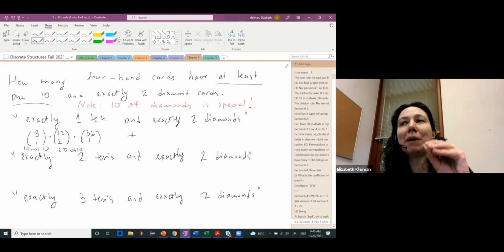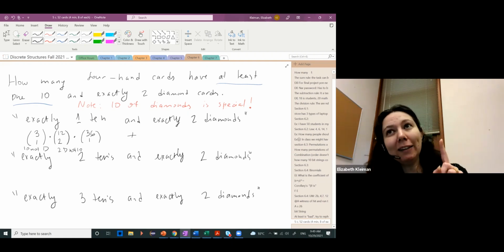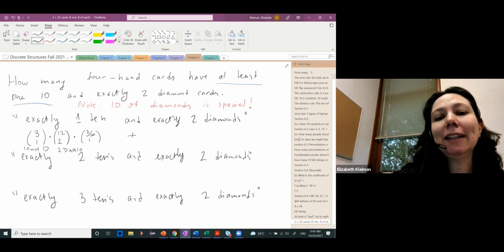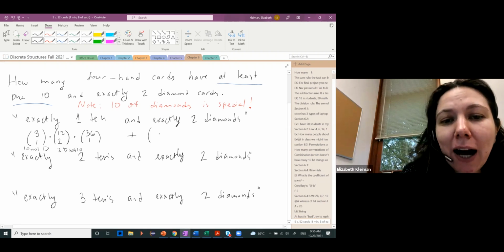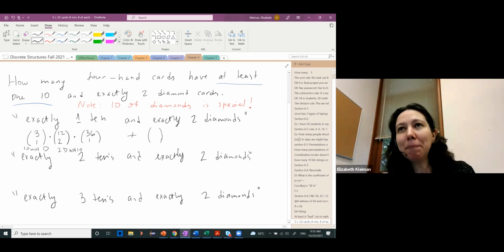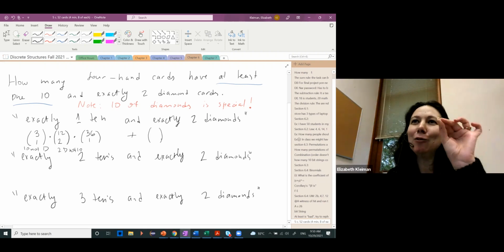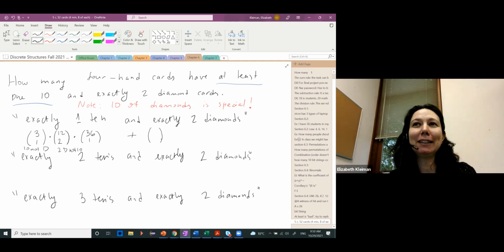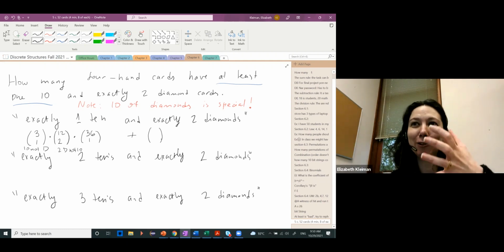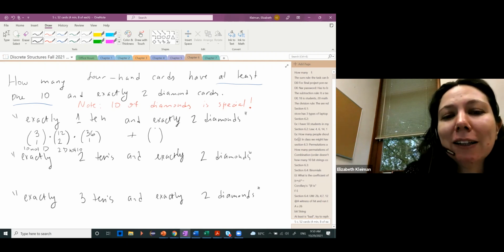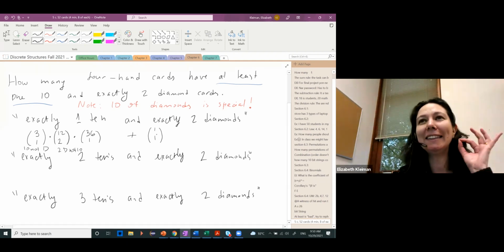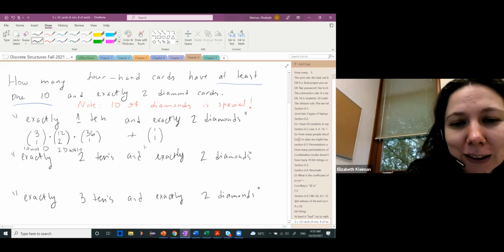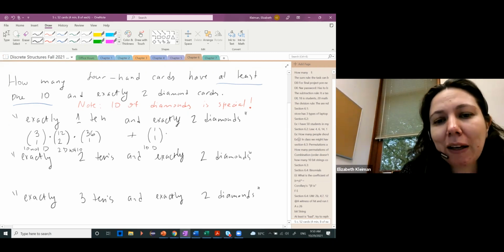Now I need to look at a special case. I have 1 10 and this 10 is a lucky diamond. So in how many ways can I pick my 10 of diamonds? This is not probability, correct? This is like, in how many ways can I pick just that specific card, where there is no real pick? I really have to grab it. So it's 1. So this is my 10 of diamonds pick.